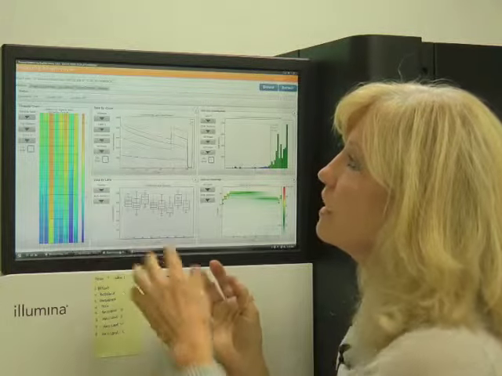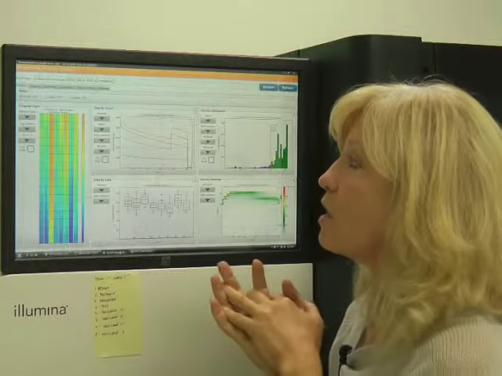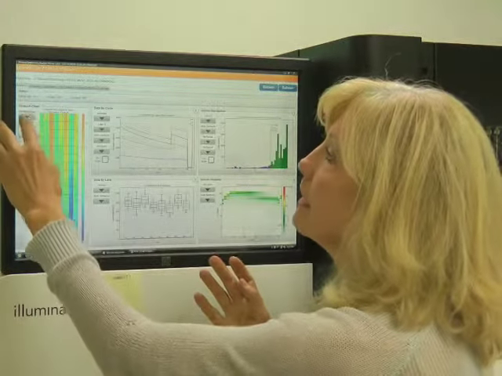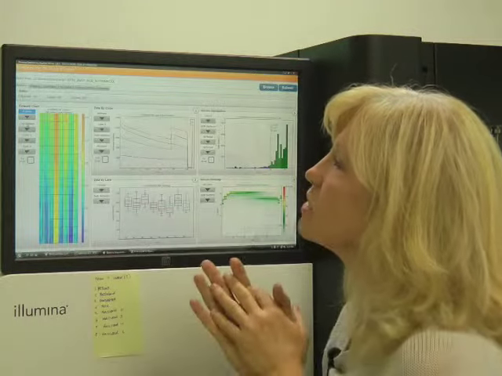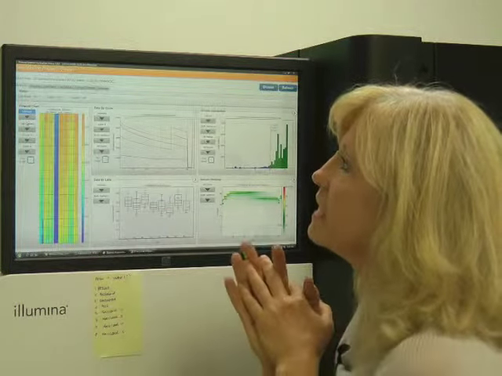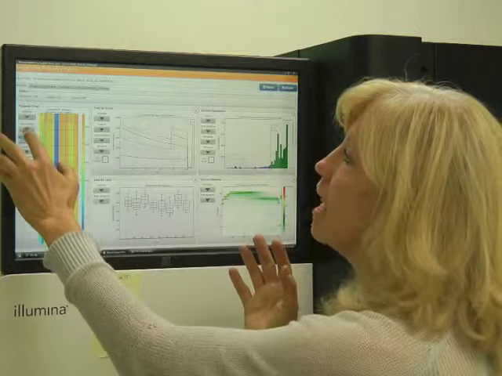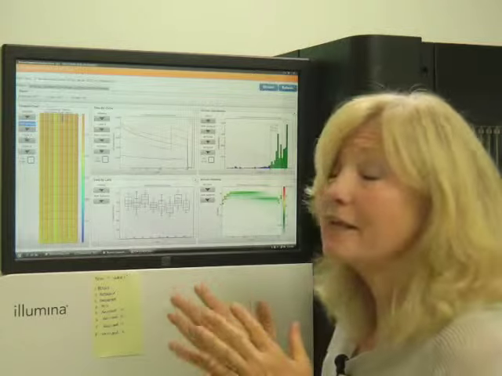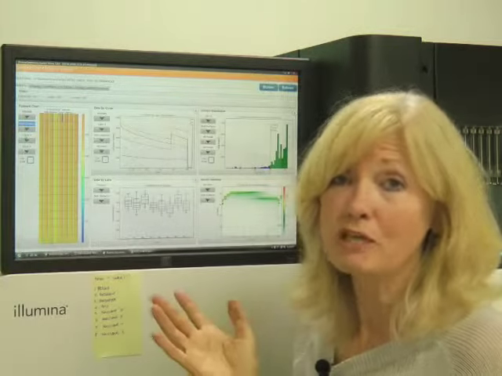Our boxes over here, or actually our lanes, are looking at the cluster density on the lane, and we can also look at signal to noise. Here this is looking at the intensity, and in this case it's just the top surface, both surfaces. These metrics I can actually look at by remote software, so even on the weekend when I'm at home I can know how well this run is going.